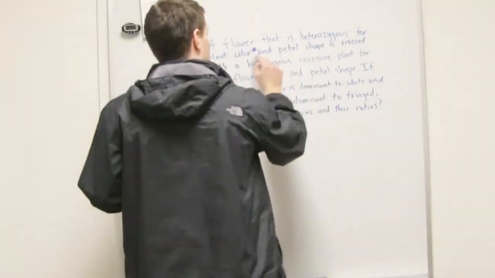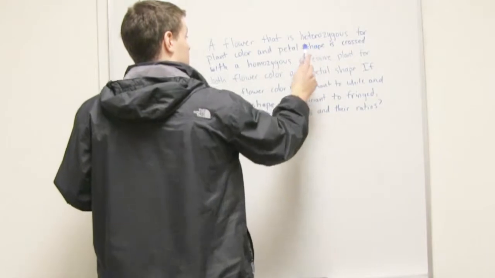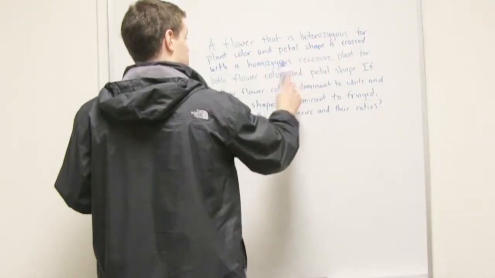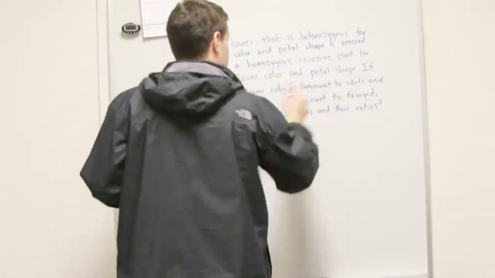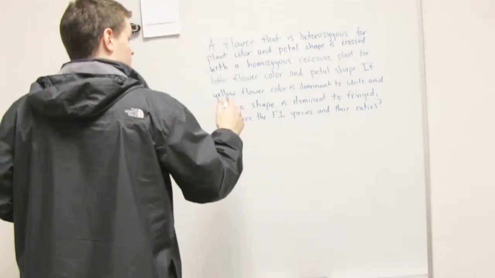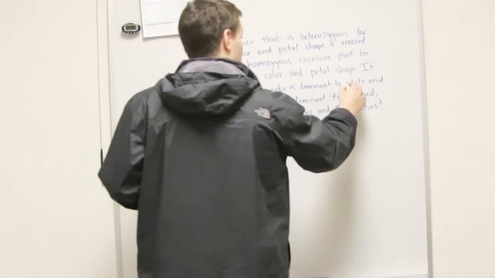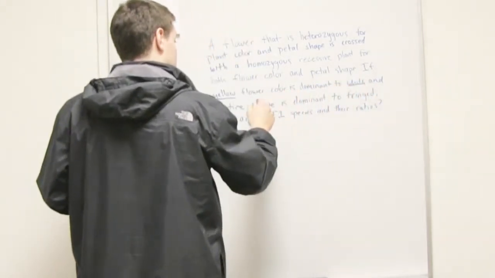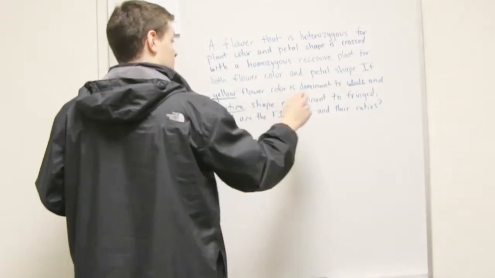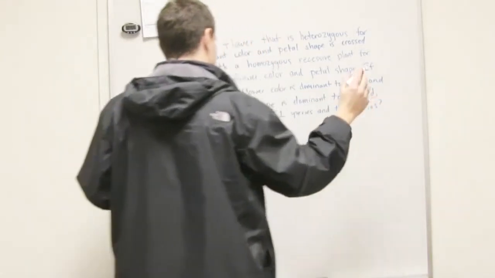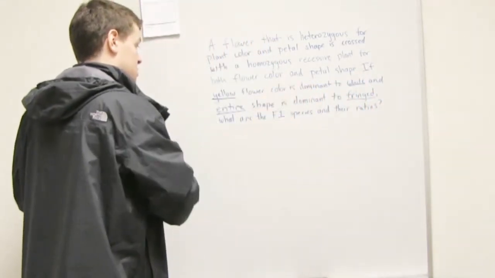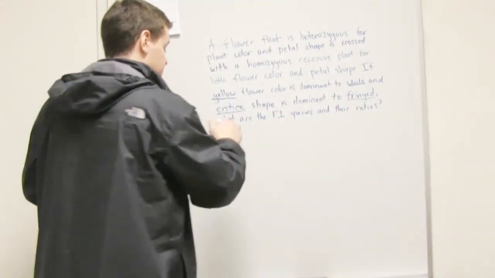Okay, so we know heterozygous for both color and shape, homozygous recessive for both. So we know that yellow is dominant, white is recessive, entire is dominant, and fringed is recessive. So let's write out some abbreviations to help us.